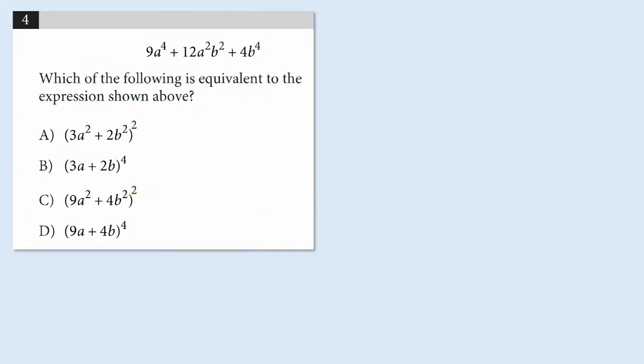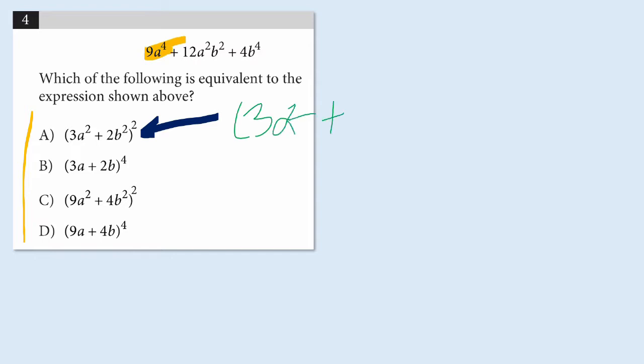Now I'm going to show you a second strategy, and it entails looking closely at the first term and asking ourselves, if we look around at the choices, which of those is going to give me 9a to the fourth power when I multiply it out? So let's look at this first choice, 3a squared plus 2b squared.